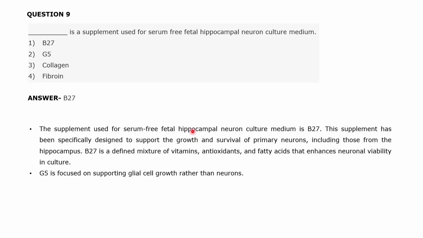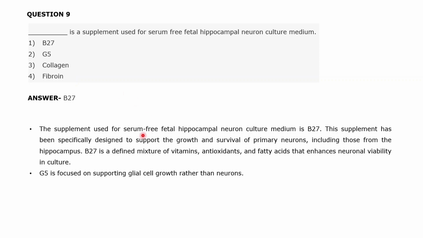This is a defined media, meaning that B27 only has the components that we add. If you are adding 1 milligram or 1 gram of a substance, we know what the substance is and how much of it is present in that media. That is why it is called a defined media.